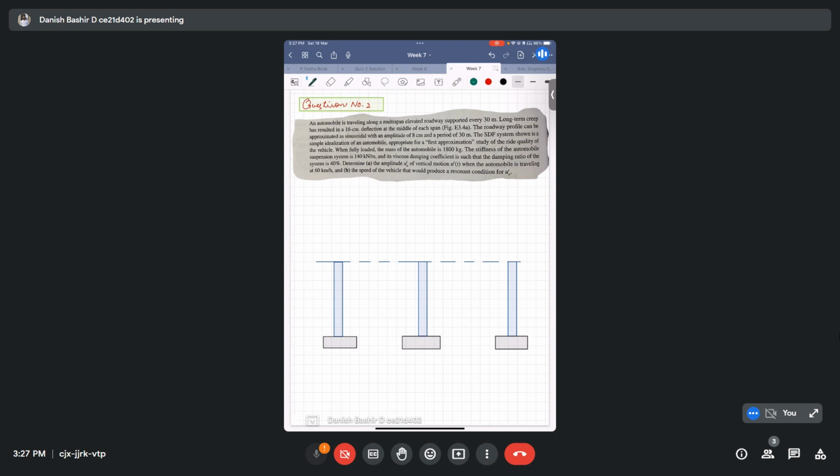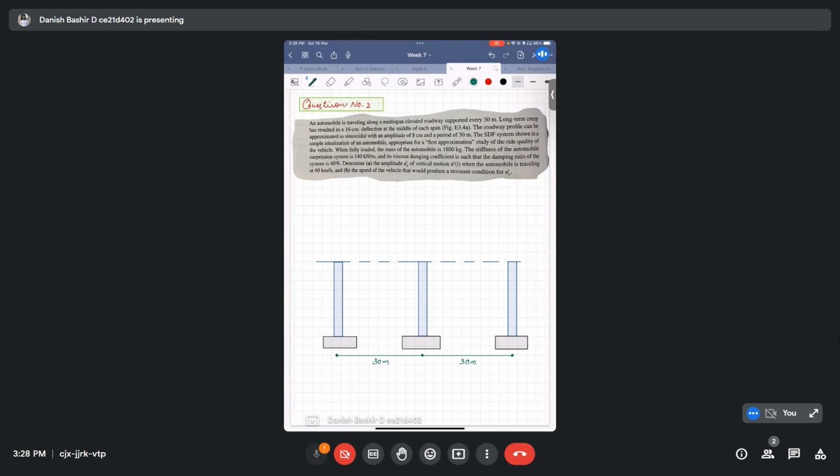The separation distance between them is 30 meters. So the distance from the middle point of here to the middle point of this is 30 meters, a constant distance. This is 30 meter. This is 30 meter.